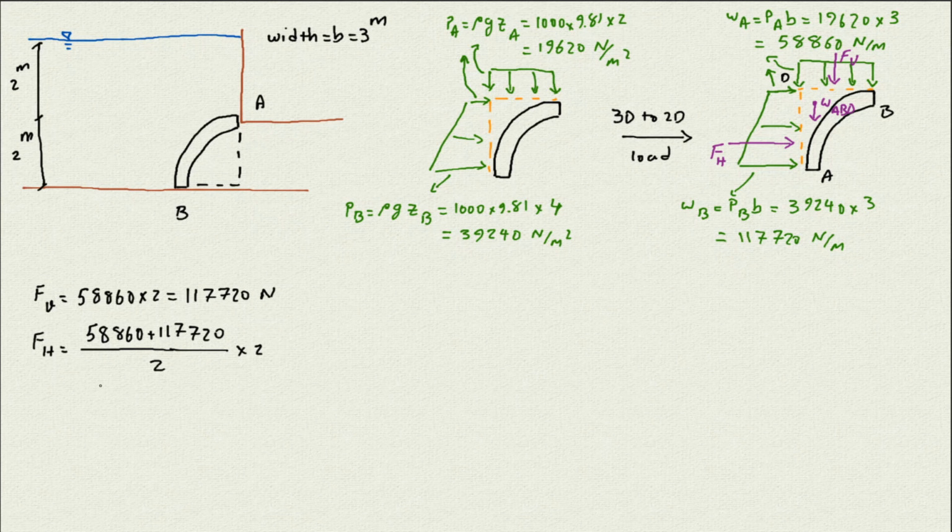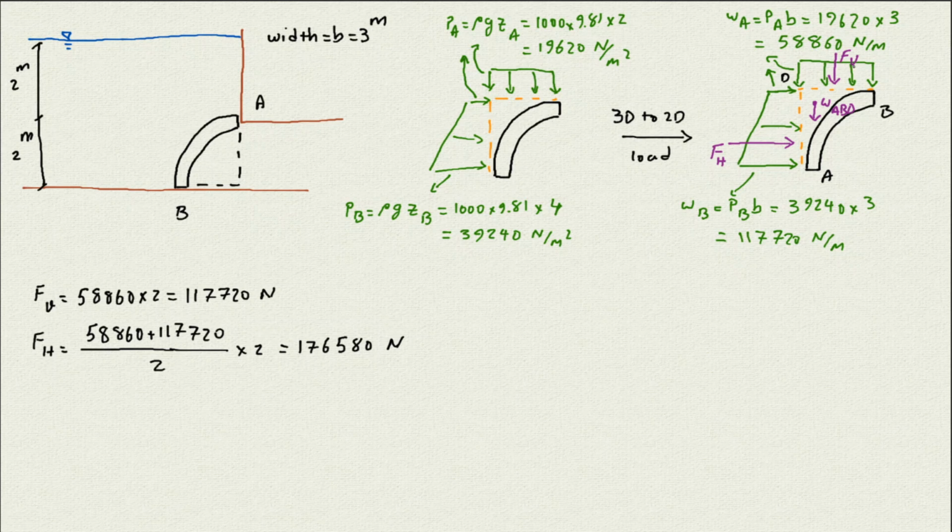So the magnitude of the FH comes out as 176,580 Newtons. So the FV is the area of this rectangle load here, and the FH is the area of this trapezoid load here.